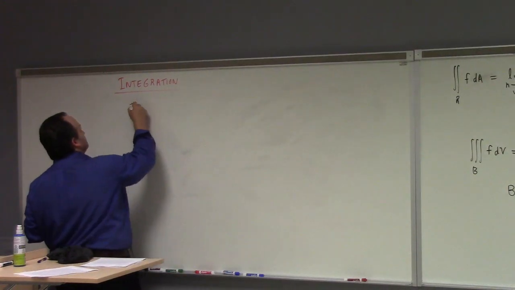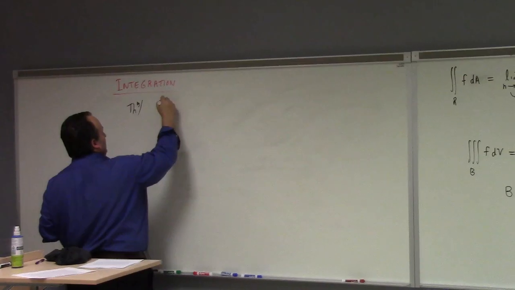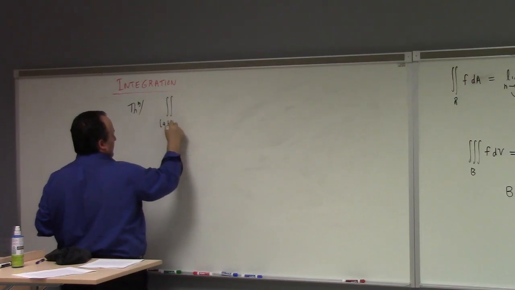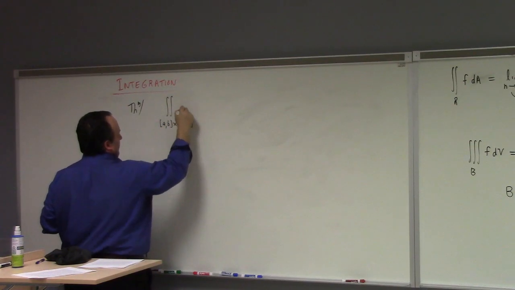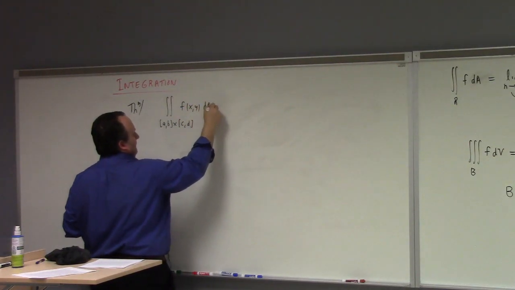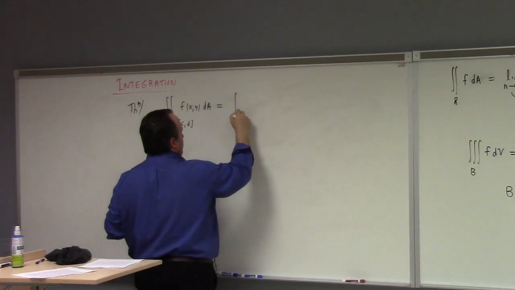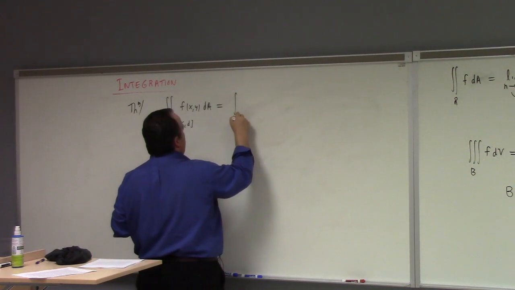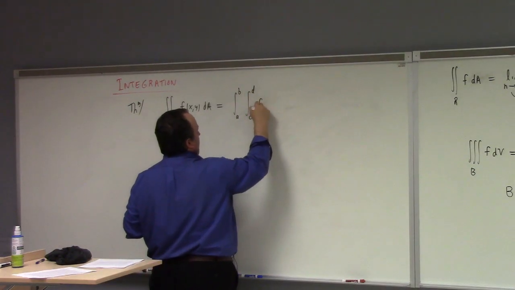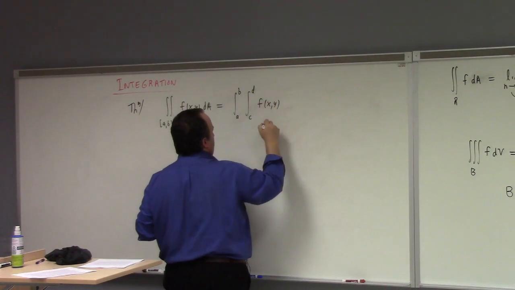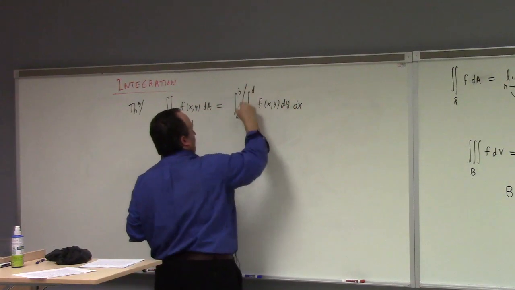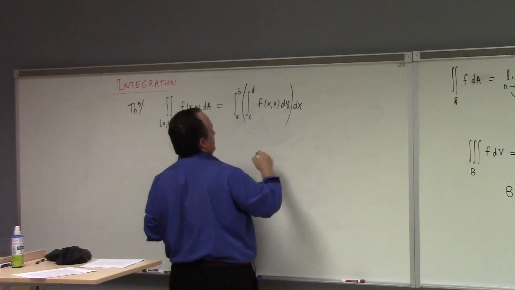theorem: the double integral over the Cartesian product [a,b] times [c,d] of f of x comma y dA. We have two choices actually. We can integrate from a to b, integrate from c to d, f of x comma y dy dx, like that.